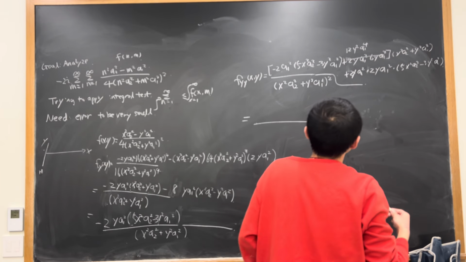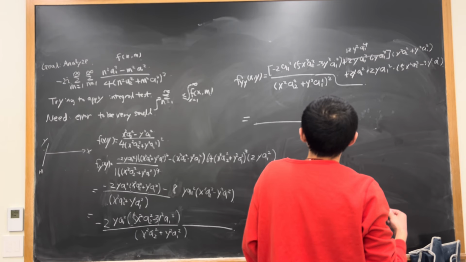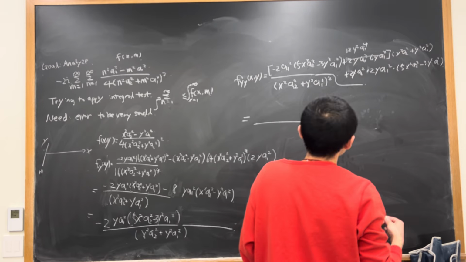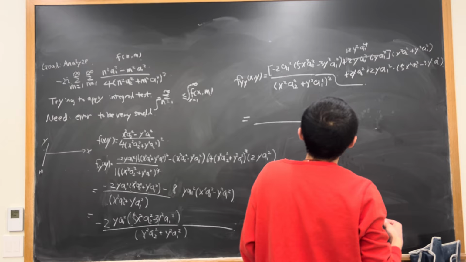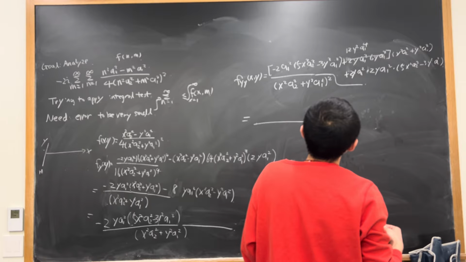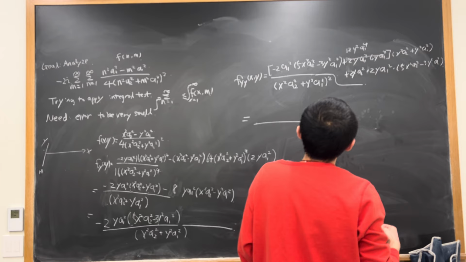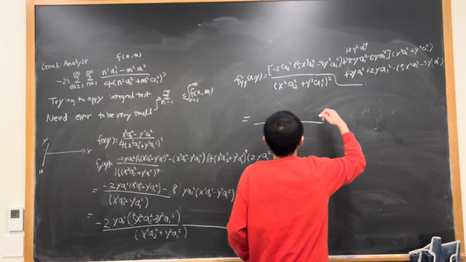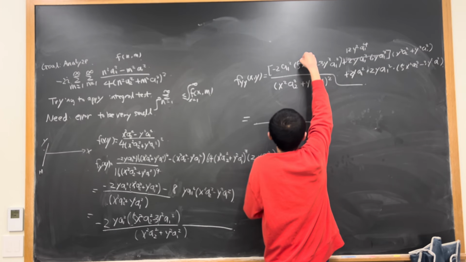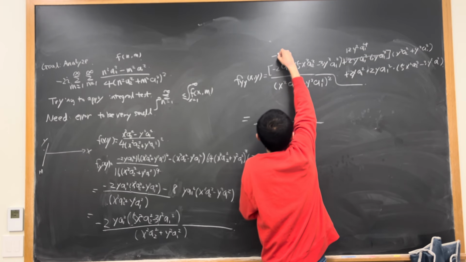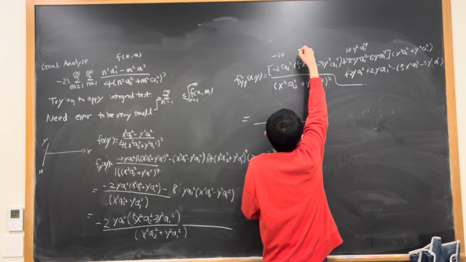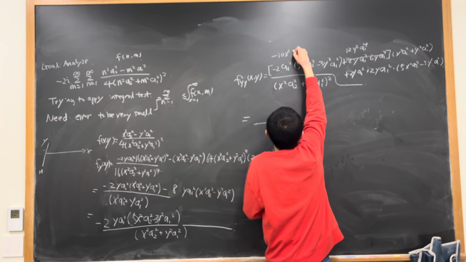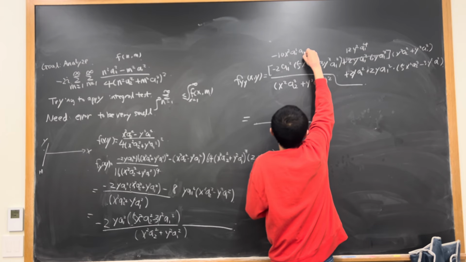And then here you get negative 10 x squared a1 squared a2 squared, right?